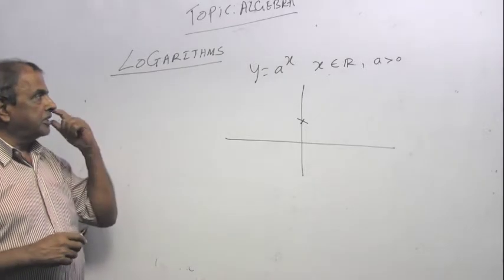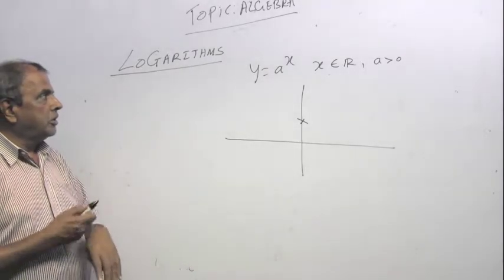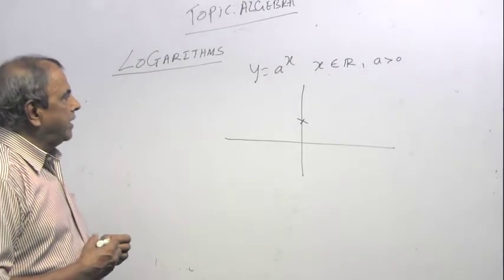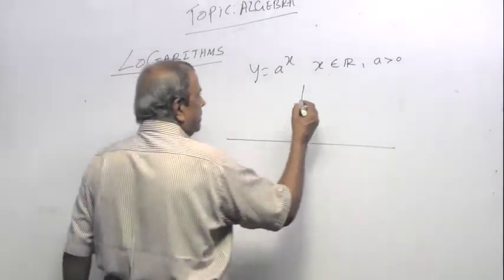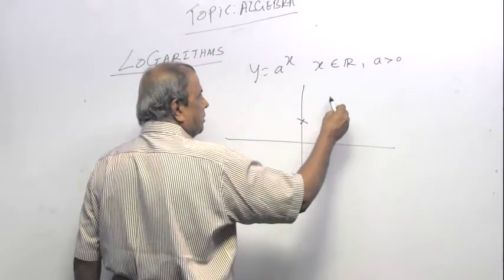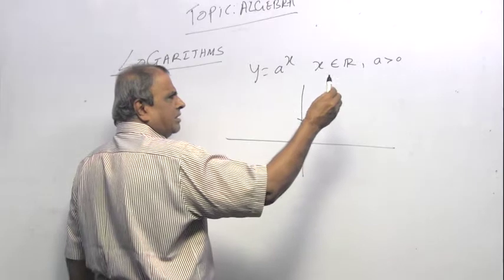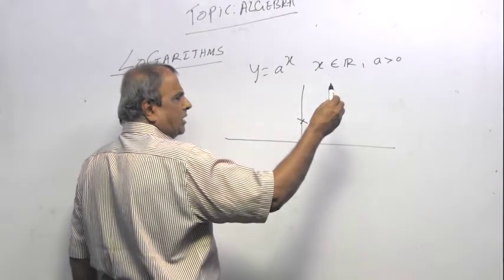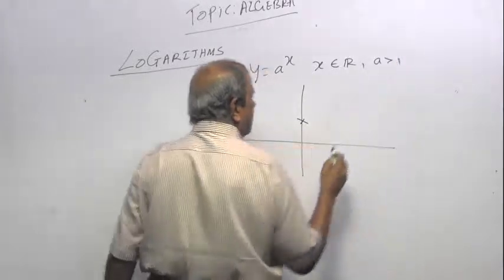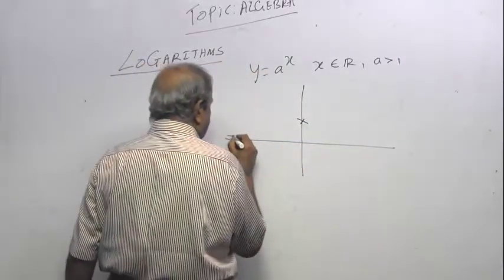I don't want to go to irrational numbers at the moment. So, or just a positive number. Then, when x is 0, y is 1. What happens when x increases? It keeps on going up and up and up. Here a is greater than 1. If a is less than 1, it's going to be a problem. So, let's put a greater than 1. So, then, this graph goes like that.